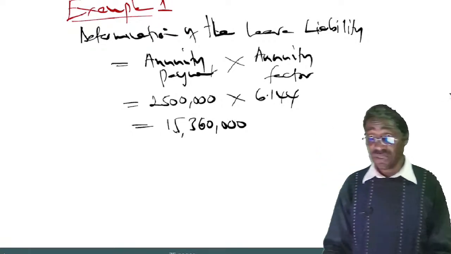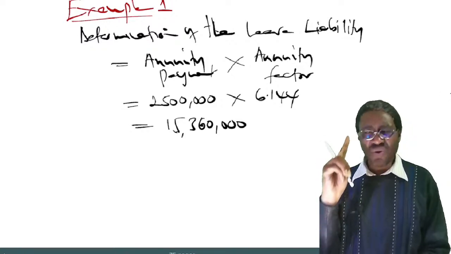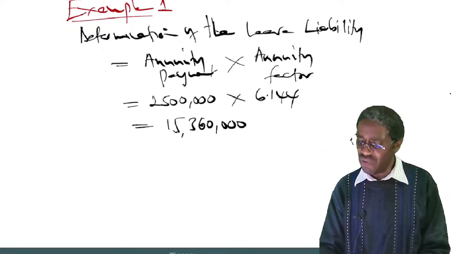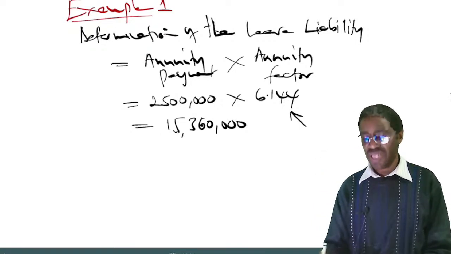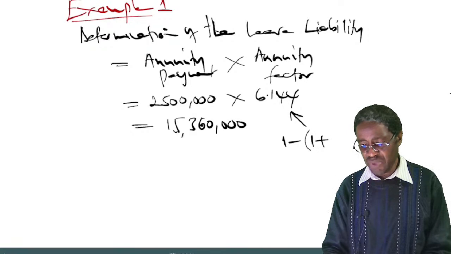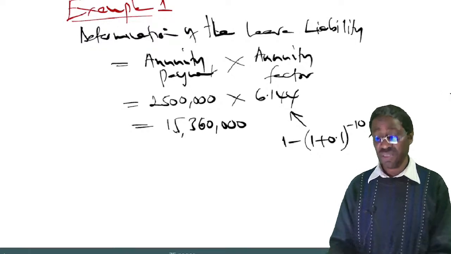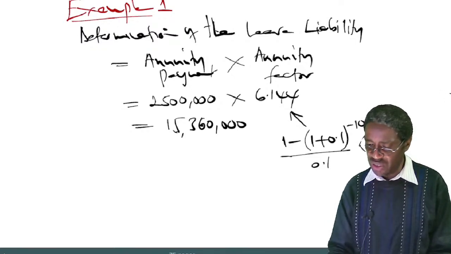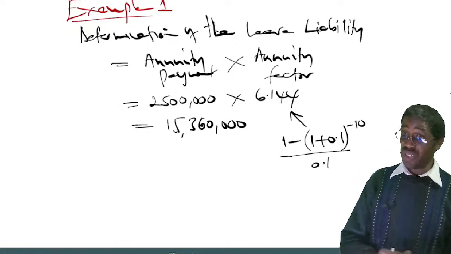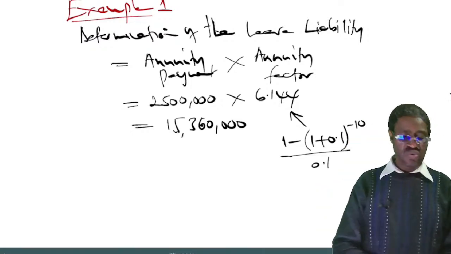Okay, now listen. If they had not given me the 6.144, how would you have got it? We have agreed that it would have been arrived at by taking 1 minus 1.1 to the power of negative 10, divided by 0.1. That's the formula. Let me confirm that it will give me the same.